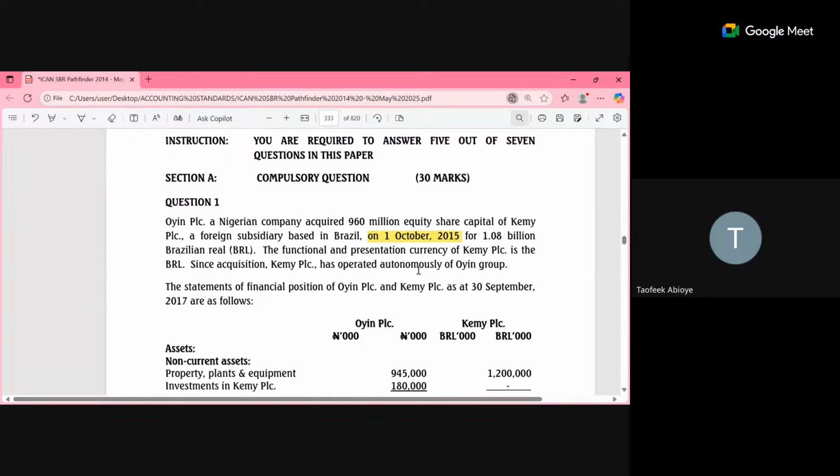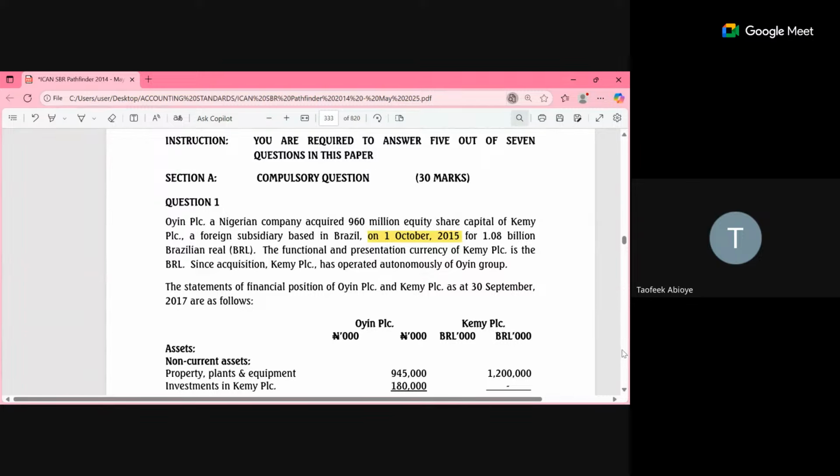Now, for how much? For 1.08 billion naira. Brazilian real, BRL. The functional currency and the presentation currency is BRL. Since acquisition, Kemi has operated autonomously in Oyin Group.